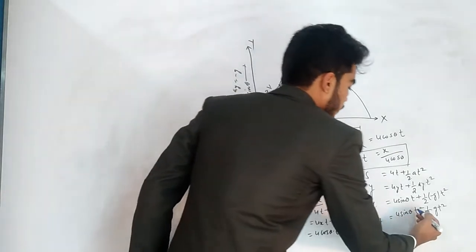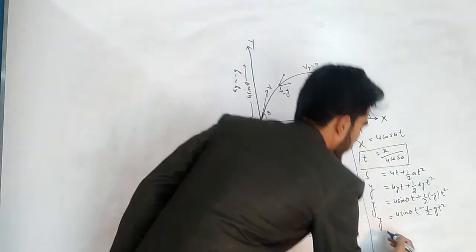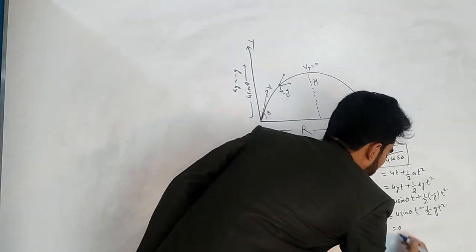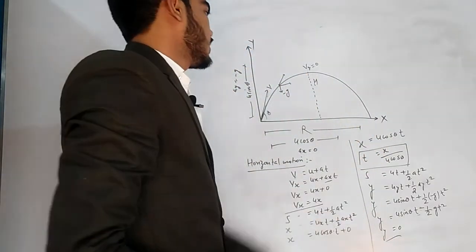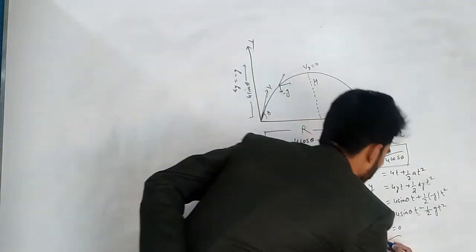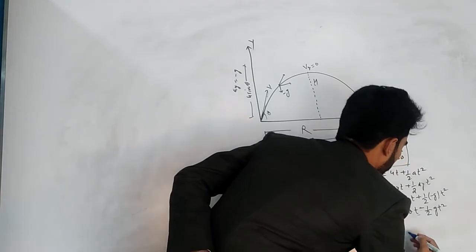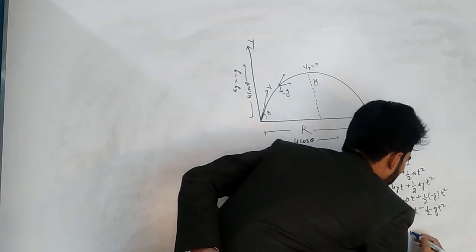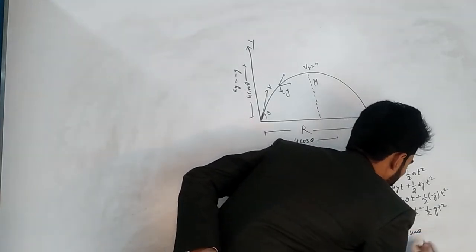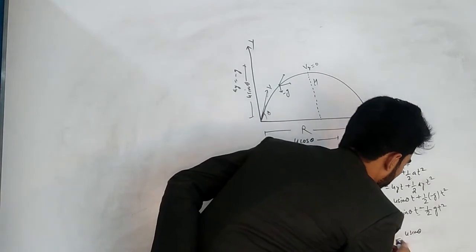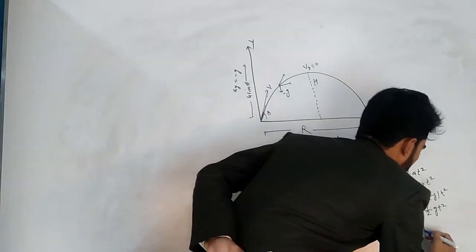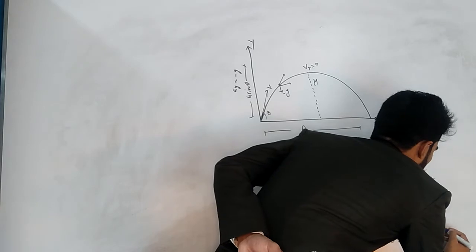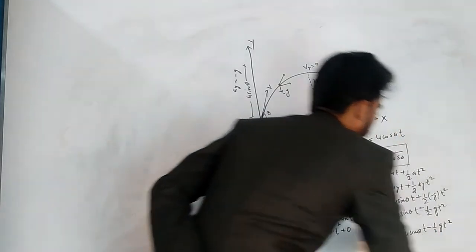Easily we can derive this value, which will be found when y is equal to 0 in the vertical position. So we can derive the next equation: y is equal to 0, u sine theta into t minus half gt whole square.